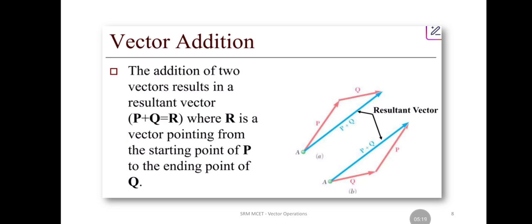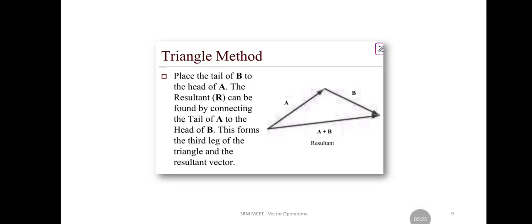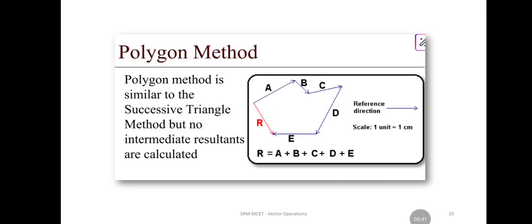So the addition of both is the R vector, which should also follow the same direction of P or Q. And in the triangular method, again a similar resemblance, A vector plus B vector is equal to the resultant vector, with A having its direction and B also having its direction. Then the polygonal method, where you have many vectors.